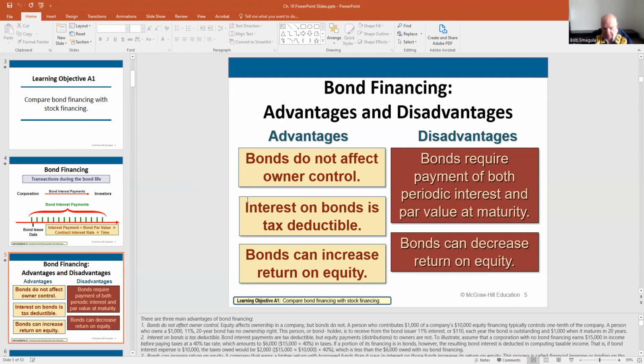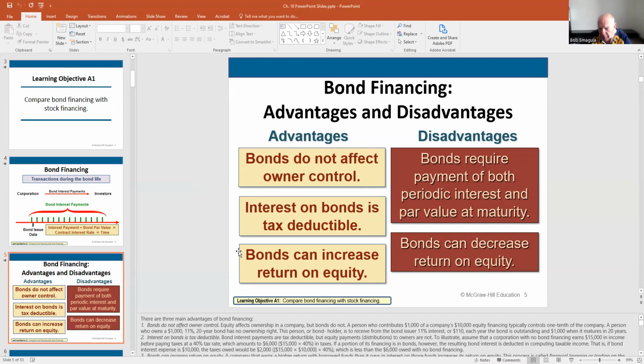At least the interest payments on the bonds are tax deductible. And bonds can increase your equity a little bit. What they're really getting at is if you borrow money at 3% and you're able to invest it at 4%, that's a return on equity.